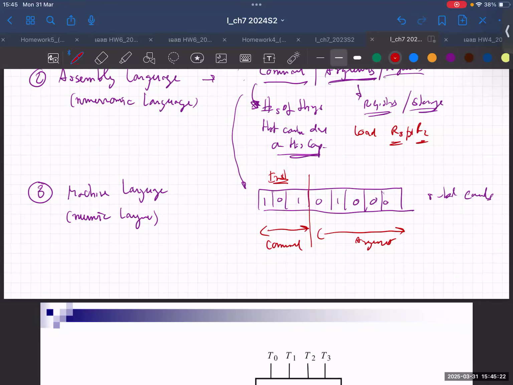And if you have 3 arguments, what happens? For example, you can add R1 with R2 and store in R3. Then your command is huge, right? Because it's 5 bits, 5 bits, 5 bits, that's already 15 bits. So you understand the length of the command depends on the resources that you have.